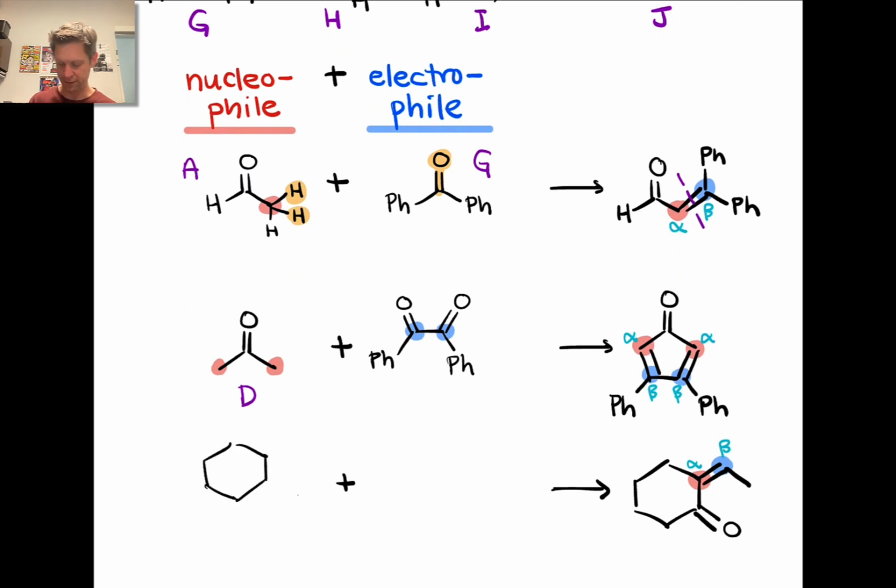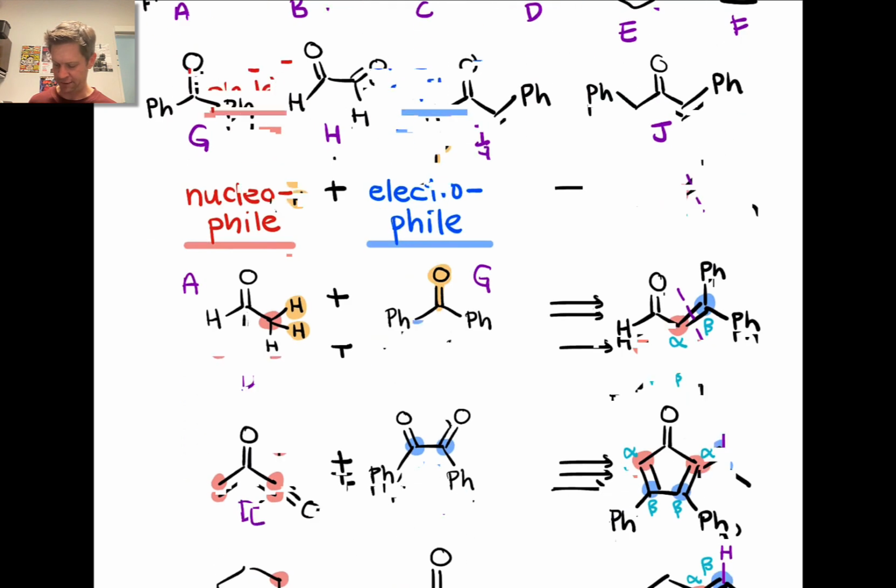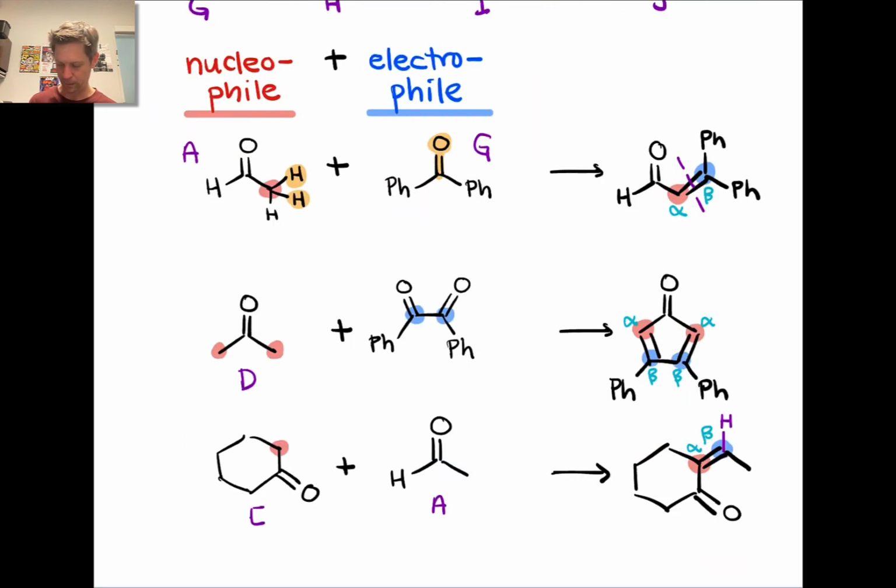Imagine deprotonating this alpha to the carbonyl group to generate an enolate right here, for example. And then on the electrophilic side, one thing to note about this beta carbon is it has an H linked to it. And so our electrophile here is going to be an aldehyde. Specifically, it's going to be acetaldehyde, which has this structure and which is reactant A. And cyclohexanone, that is reactant E.